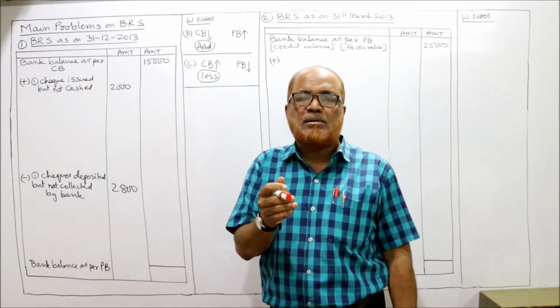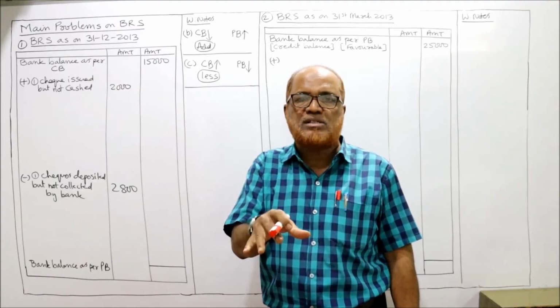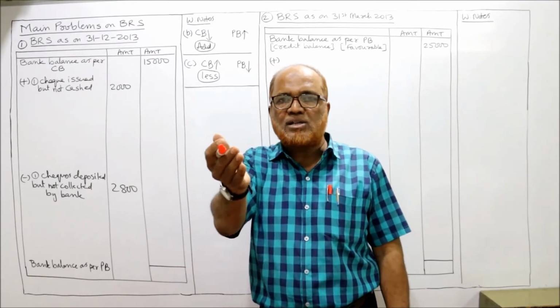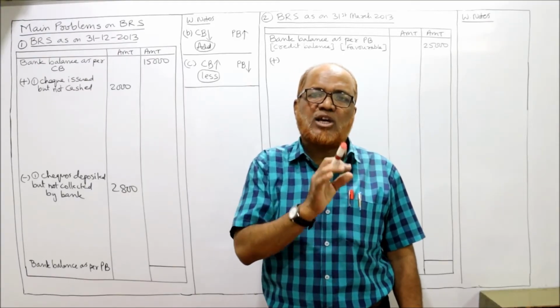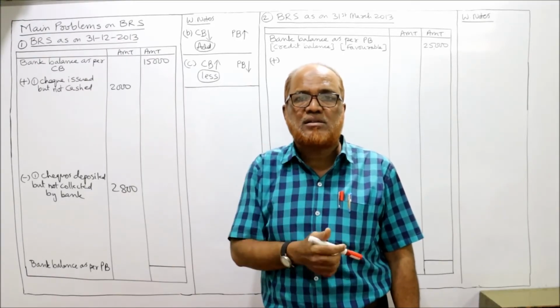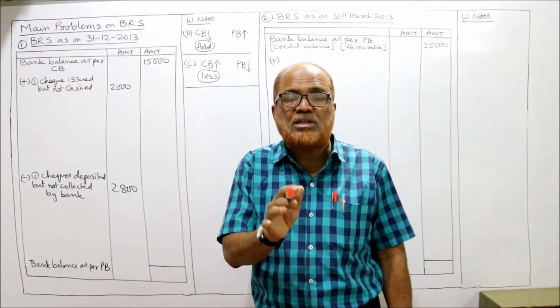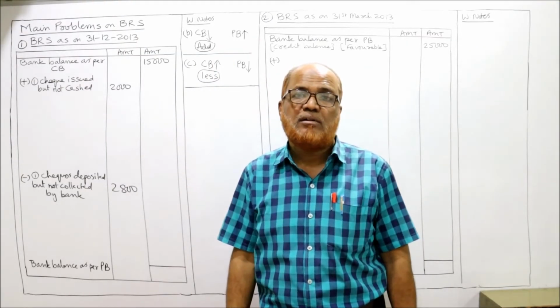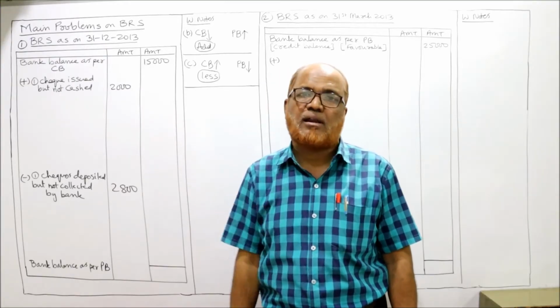Before 31st December 2013, during the month of December, we have received a check from one of the customers. As soon as we received the check, we entered it in the cash book, so the cash book balance increased. But we forgot to deposit it into the bank. We deposited it in the month of January 2014, that means after closing the year.